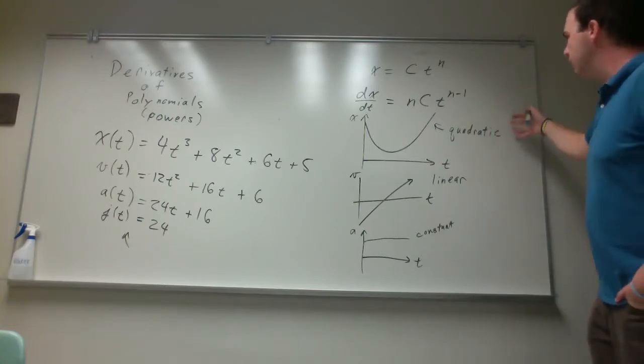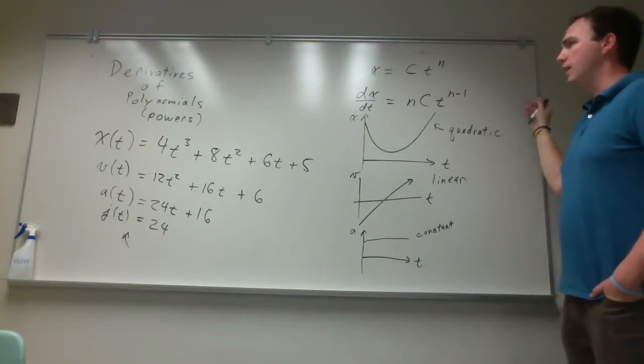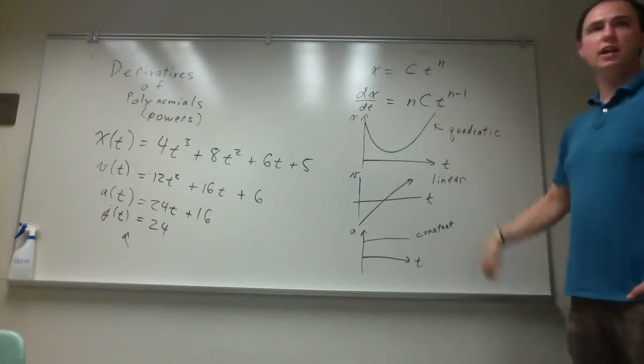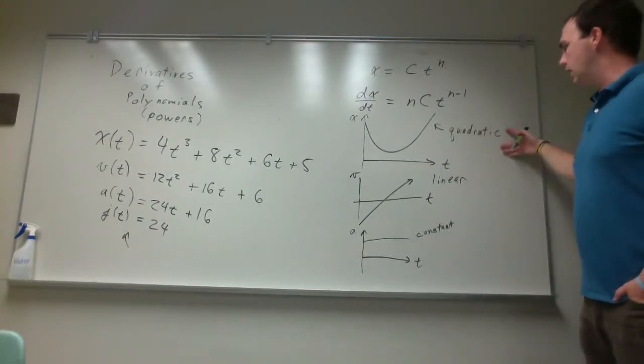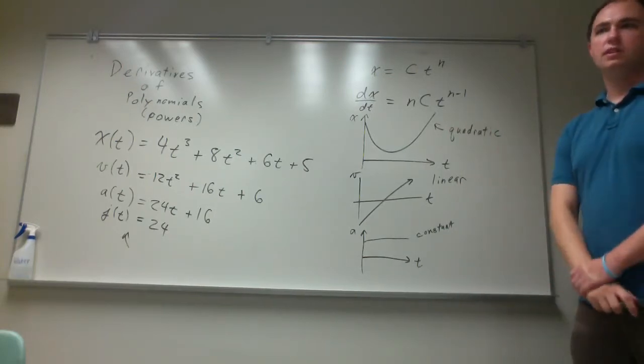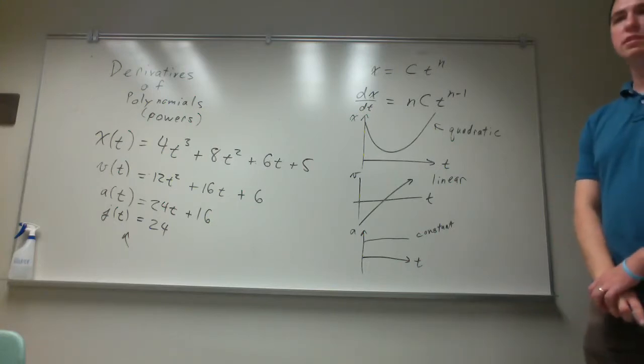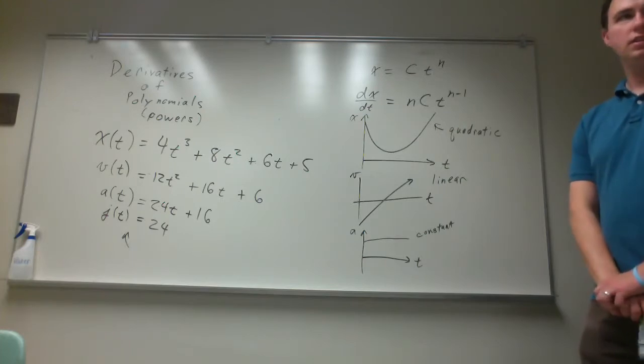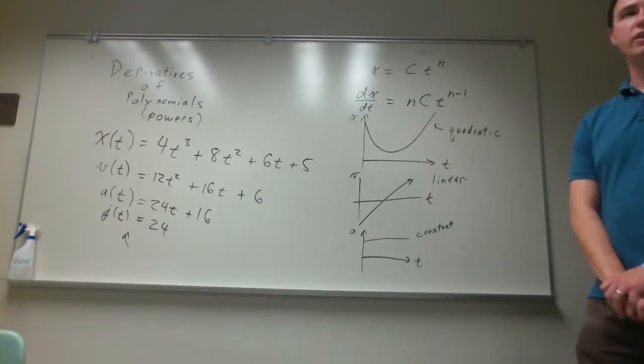And then finally, relating, in our case, a usually quadratic position plot, knowing the shapes of the velocity and acceleration. All right, any questions, or are we ready for integrals?